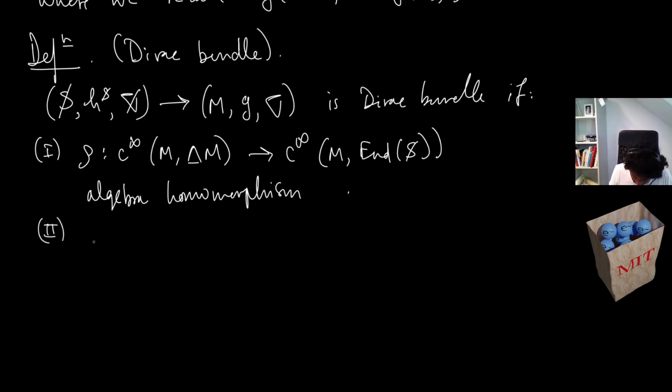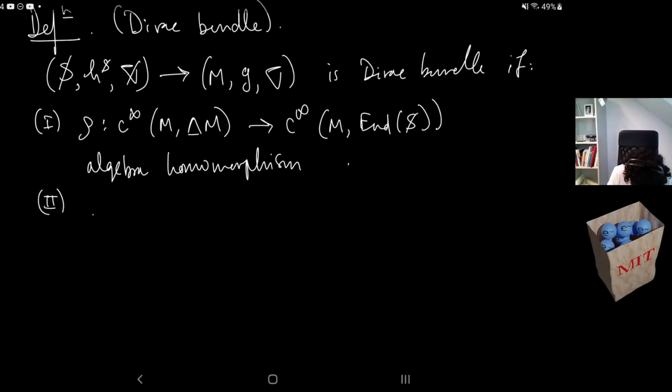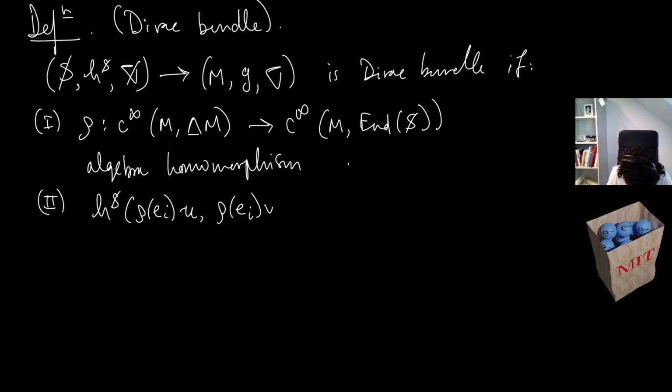The second point is that rho of e_i u, rho of e_i v, so it's an isometry, right?